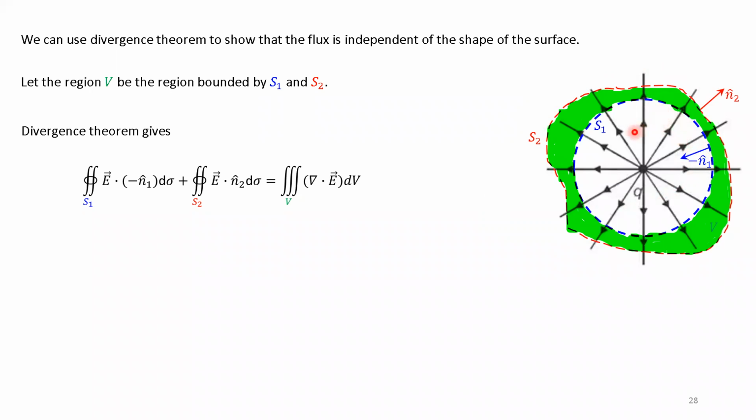But here again, pay attention to the direction of the unit vectors. When I do the flux through the outer surface S2, notice that N2 is pointing out. When I consider the flux through this blue spherical surface, this vector is actually pointing into the origin, as minus N1.